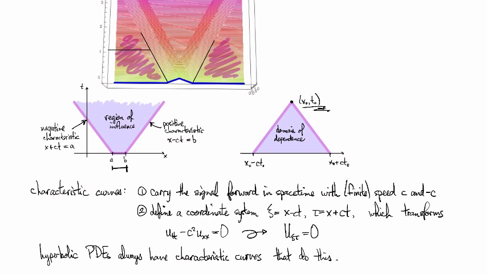Back here I wrote finite speed. That was just because I wanted to highlight some difference with the heat equation. For the heat equation, it turns out that for any positive time, u(x,t) is going to be strictly positive.